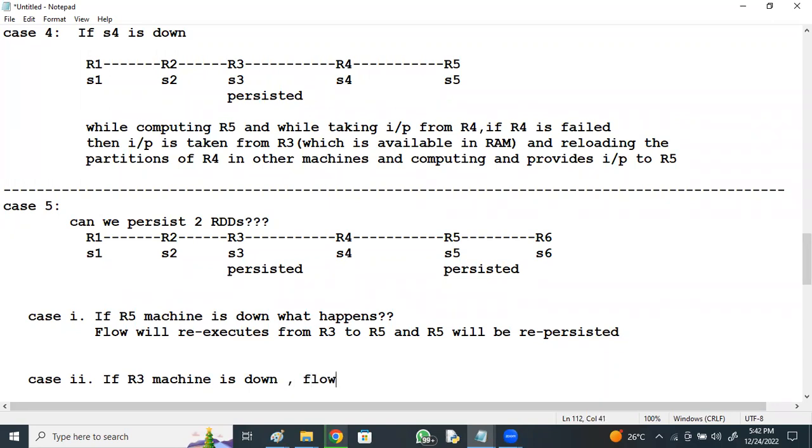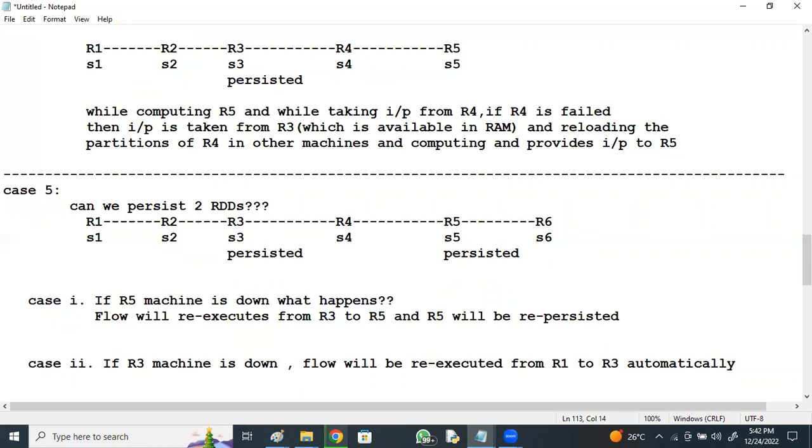Forget about case 1 now, observe this case 2. If the R3 machine is down, it starts from the beginning. The flow will be re-executed from R1 to R3 automatically.